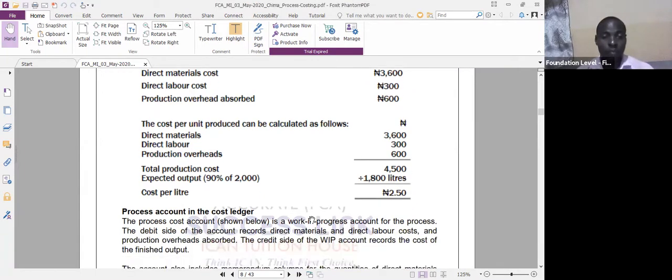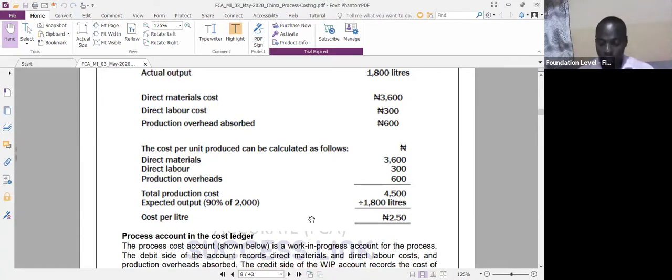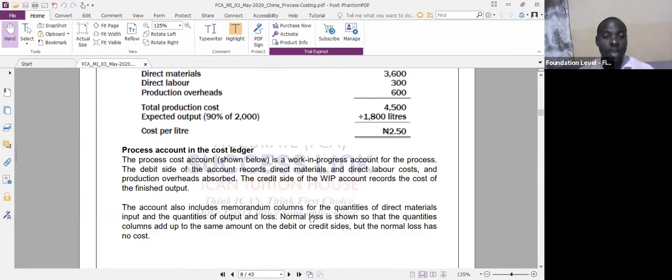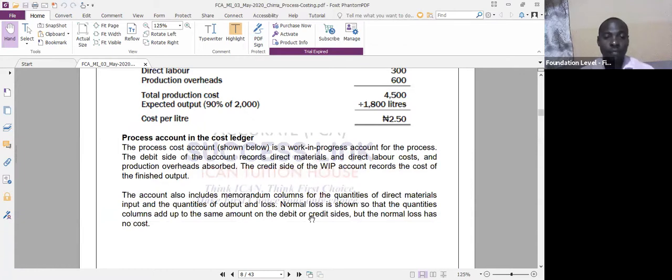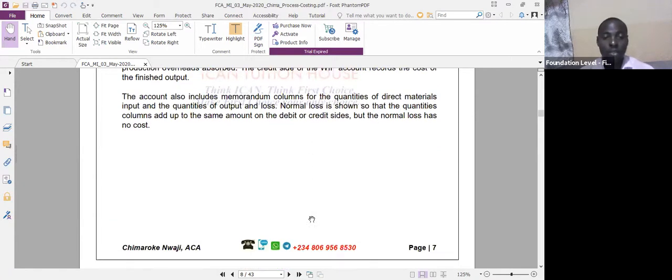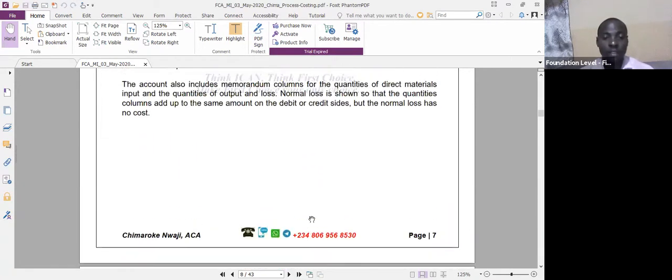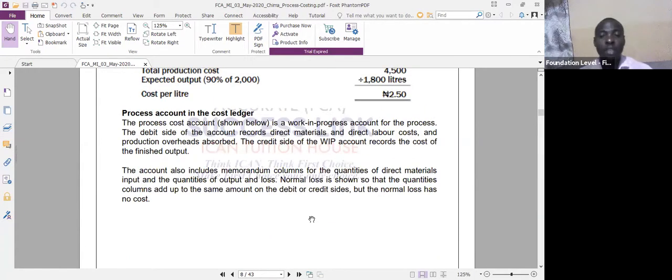All right, so let us look at the process account in the cost register. In the cost register, the process cost account is a work in progress account for the process. The debit side of the account records direct material, direct labor, and the production overhead absorbed.